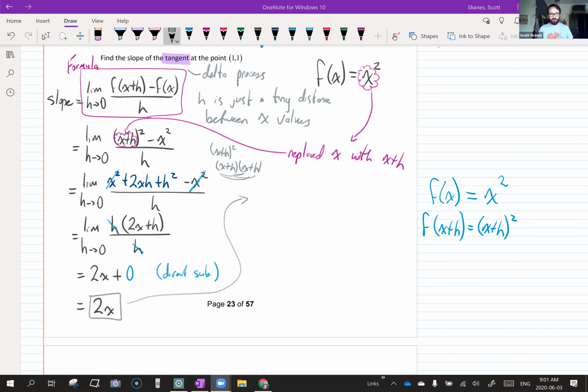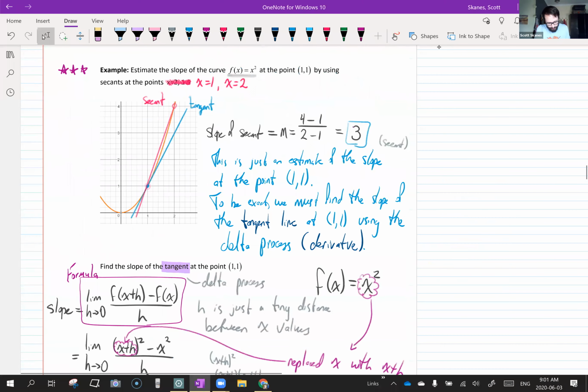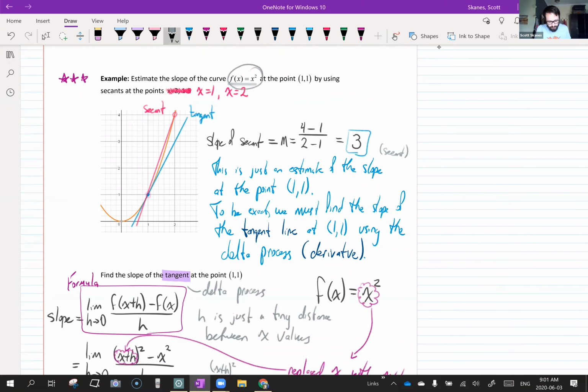All right, I want to finish the question. You're probably asking a lot of questions right now, but the most important question, I think, is why the heck did we do this? So let's go back up. We have our formula. This is our function. We did our best to get the slope at that point, and we got the answer 3.